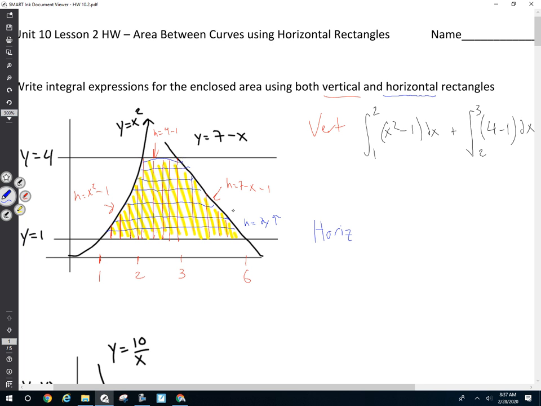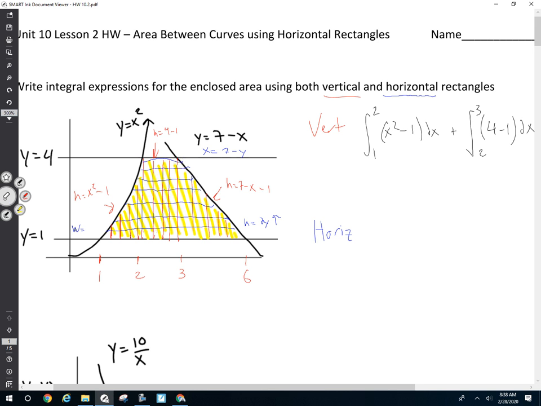Well, notice these distances, the widths, are now consistent. It's this x distance here minus this x distance here. Well, to get x distances, I need to turn these equations into x equals function of y equations. It ends up being inverses. So you add x, subtract y, and you get x equals 7 minus y. That would be the right distance, going all the way over here to almost 6.